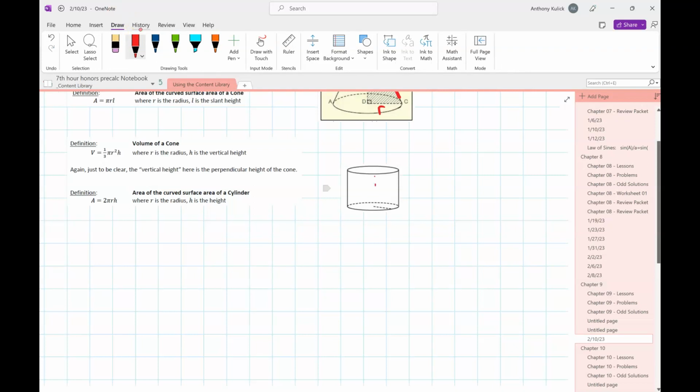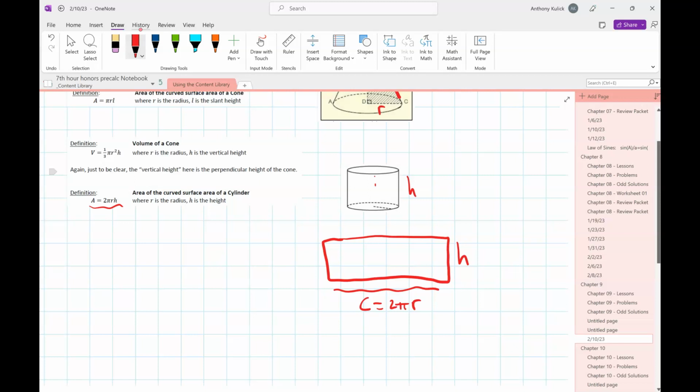If I snip along and unroll that, I'd have a rectangle where that side of the rectangle is the height of the cylinder. What is this distance going to be? The circumference of the circle, right? Because it's got to wrap around. The area of that rectangle then is 2 pi r h.